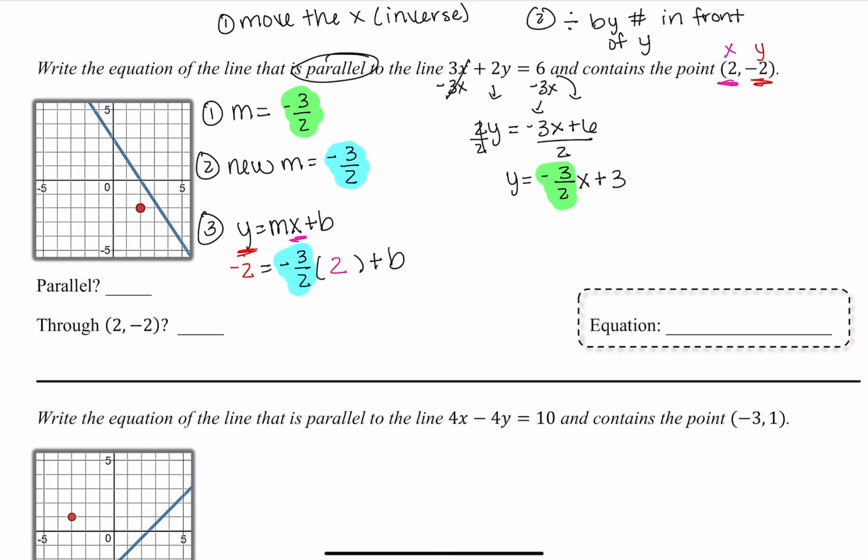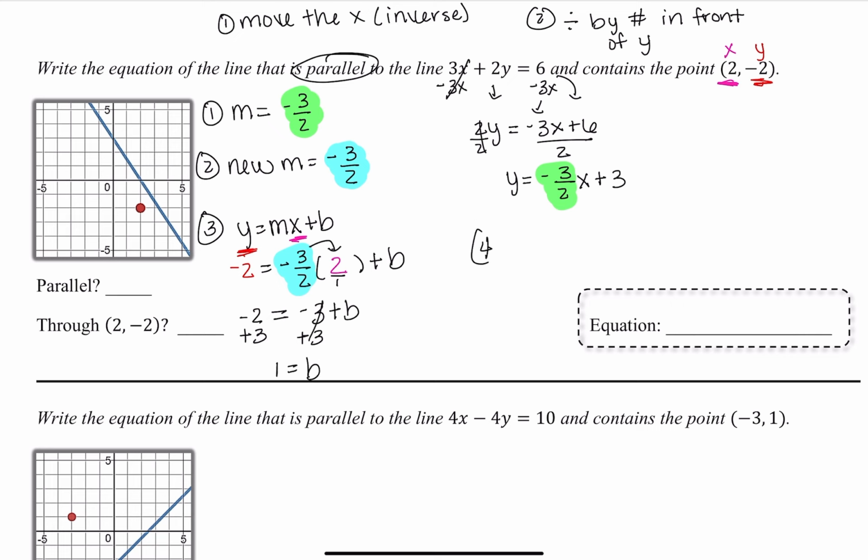So we have a number in front of a parentheses. That means to distribute, which means to multiply, okay? Negative 3 times 2 is a negative 6. Negative 6 divided by 2 is negative 3. Inverse of negative is positive. So 1 is equal to b.